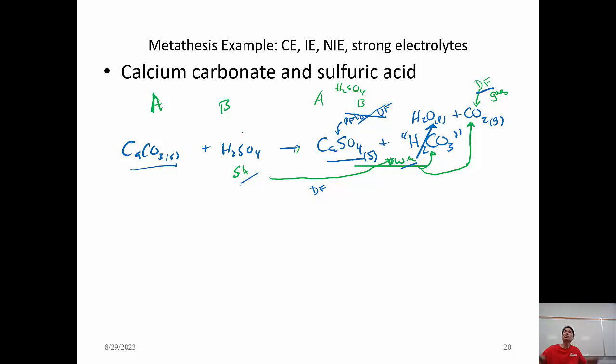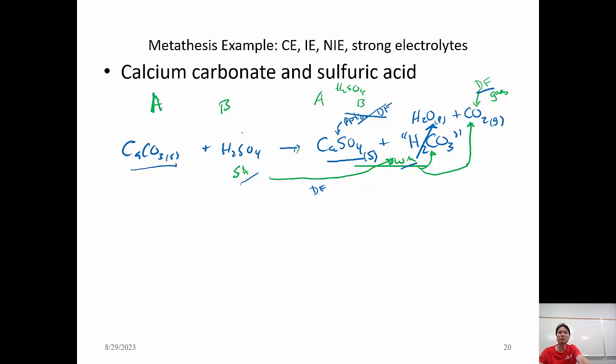And which direction does it go? In the direction of the more stable, lower energy solid. So which one is more stable? Calcium carbonate or calcium sulfate? Well, there's different ways we can tell about stability. One way we can tell about stability is melting point.